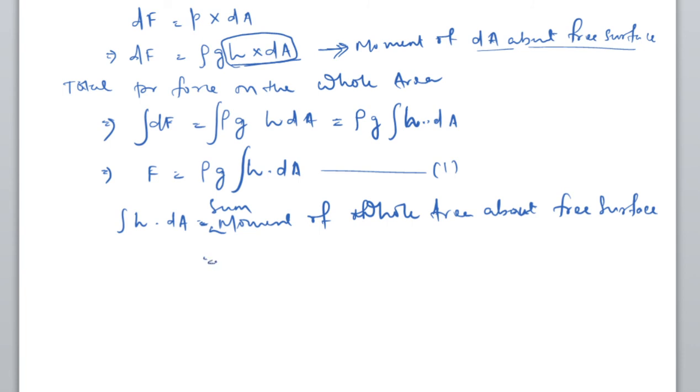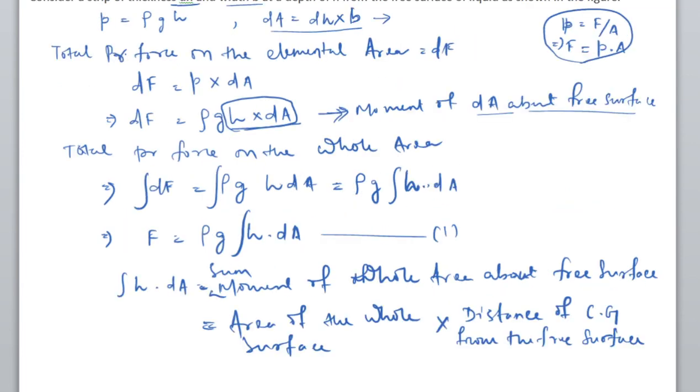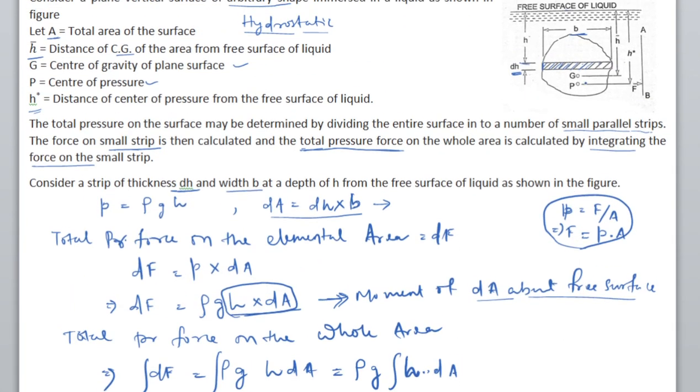That will be the area of the whole surface into the distance of the CG, the center of gravity, from the free surface. Because the total weight of the surface acts at the center of gravity. That is why it is the center point of the whole surface.